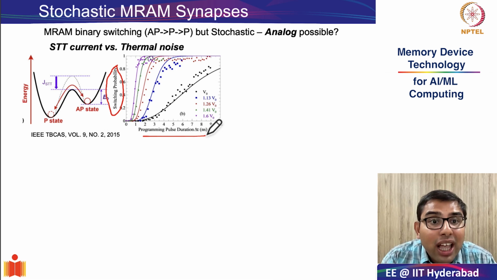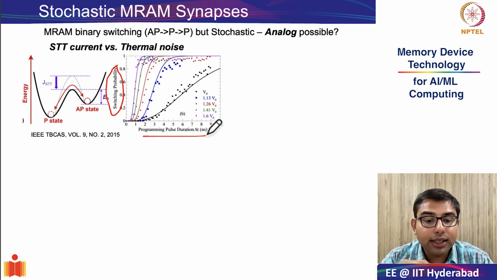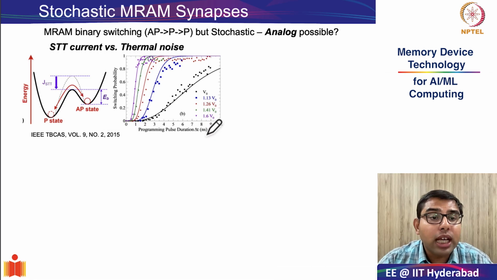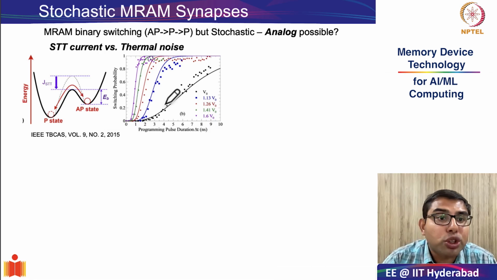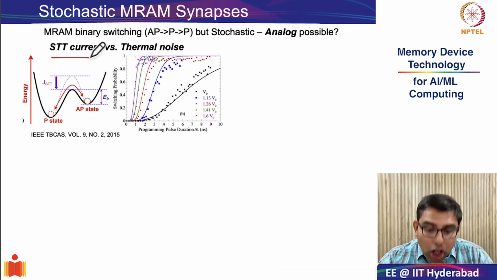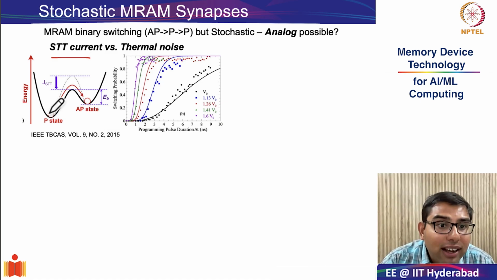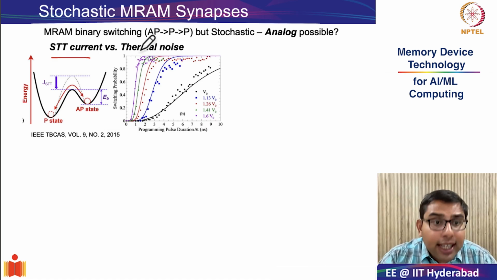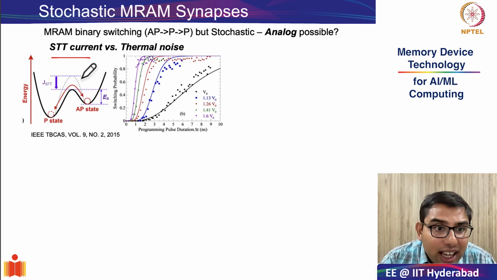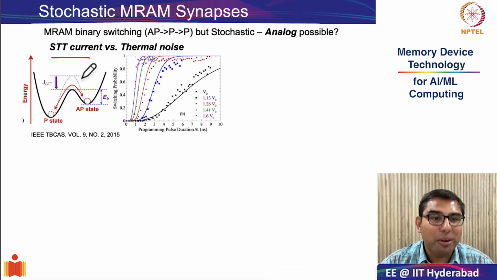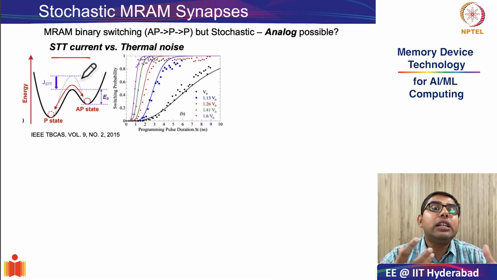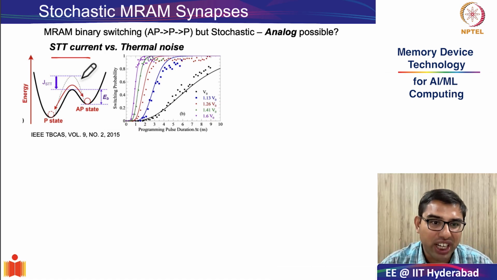Why does this stochasticity happen? This stochasticity happens because there are competing effects between the STT current, which is trying to flip the device from parallel to anti-parallel state, and the existing thermal noise. When the barrier lowering due to the STT current becomes comparable to thermal noise, this results in a probabilistic switching.